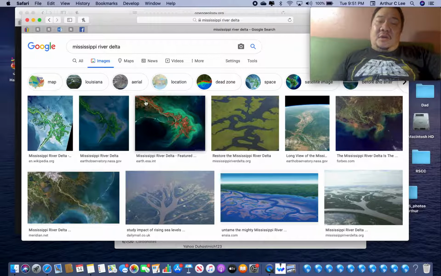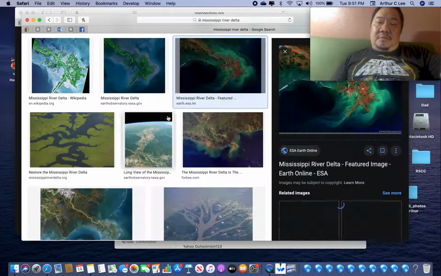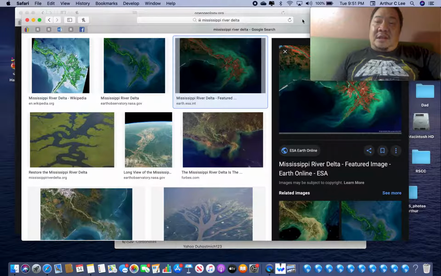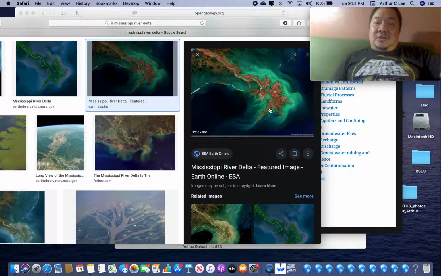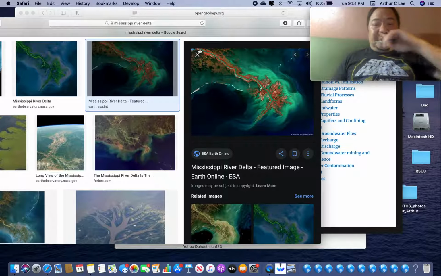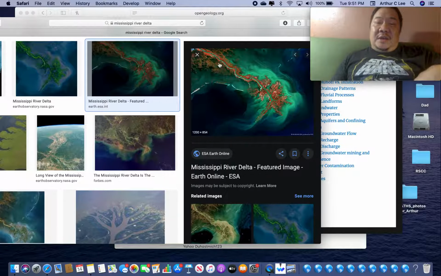And here you can see all this water. This is a satellite image. And this is New Orleans right down here. Up here is Baton Rouge. Well, the Mississippi River has deposited millions and millions of tons of bed load and suspended load.